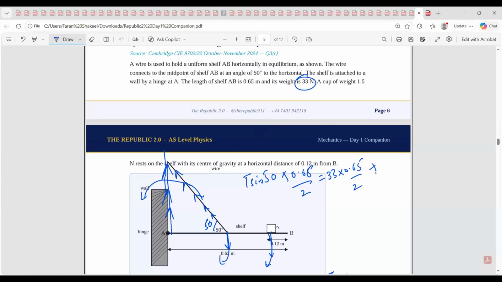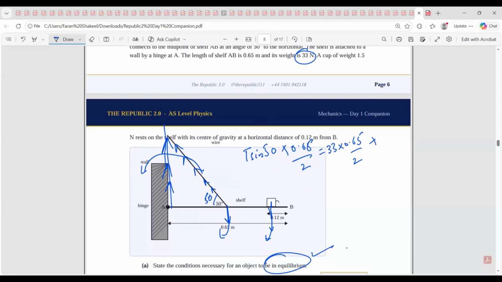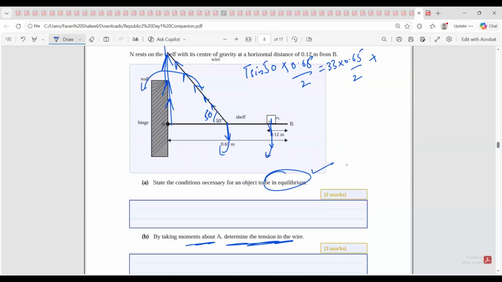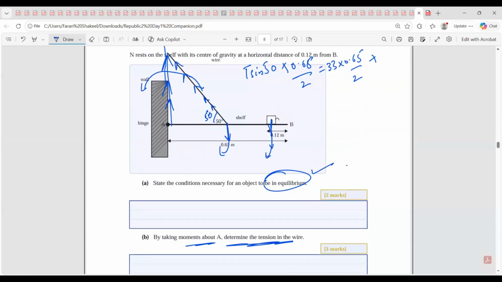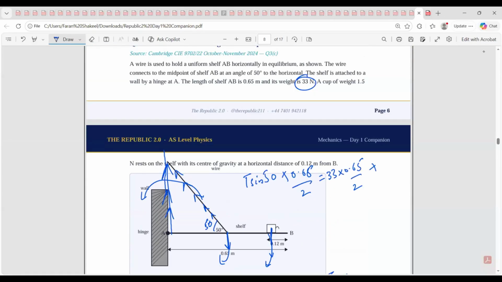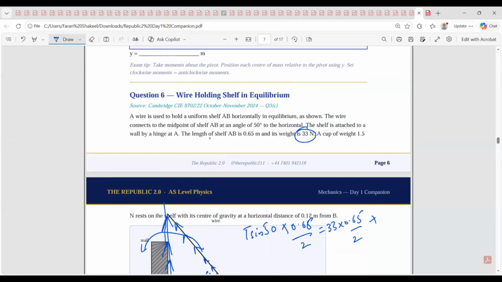And I'm just going to add to it the moment due to this sort of a thingy. What is going to be the moment due to this thingy? The length of the shelf. And do we have the mass of this object? 0.12. A cup of weight 1.5 newtons, right?